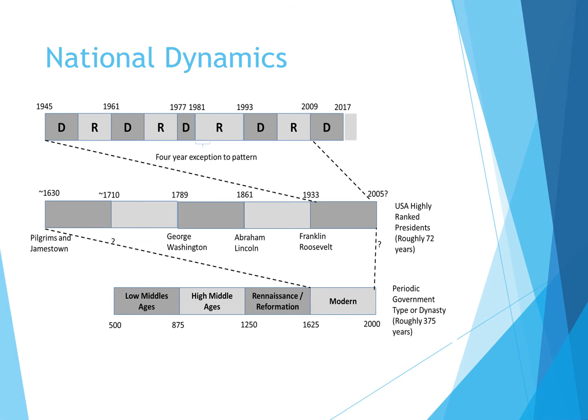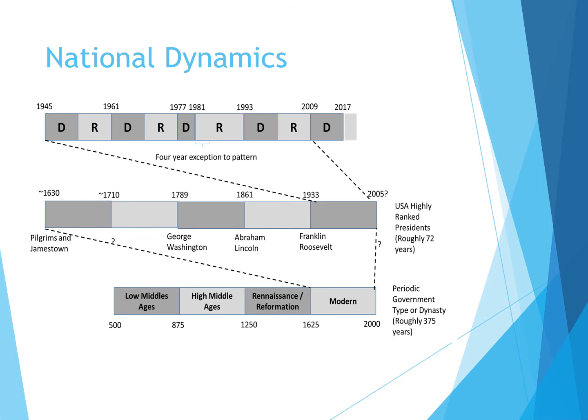If you add 72 years to when Franklin Roosevelt was elected, you get 2005, which does not seem to continue this pattern. So we also go back a few. We had pilgrims in Jamestown, near this particular era. So there seems to be this 72-year cycle.